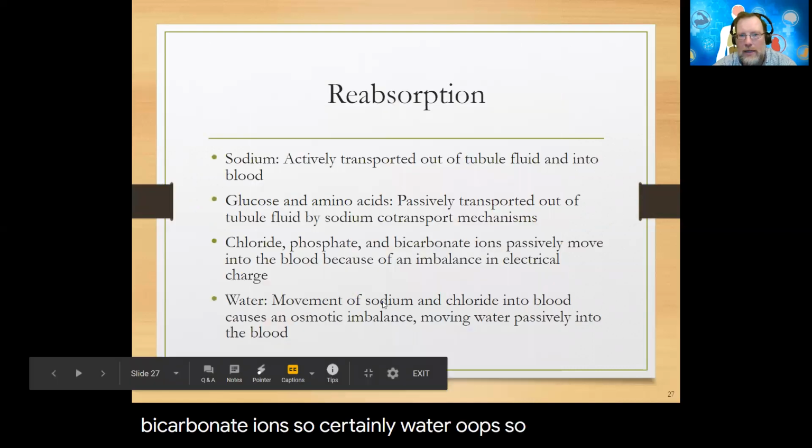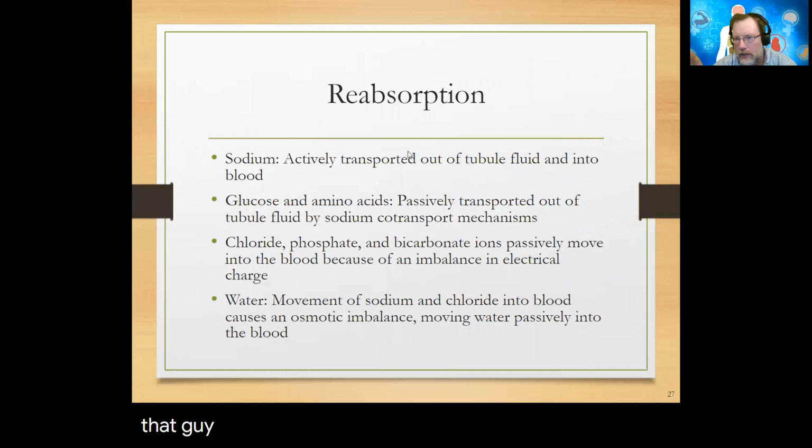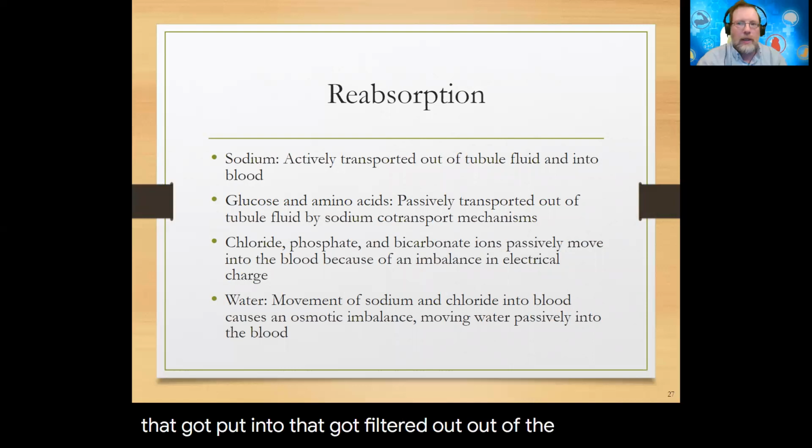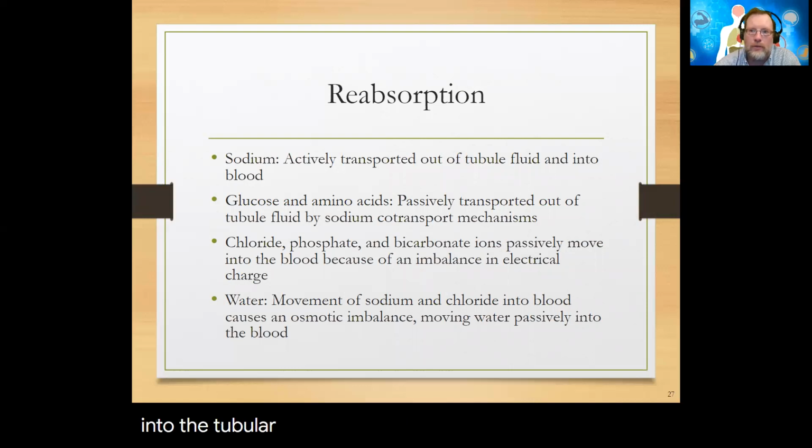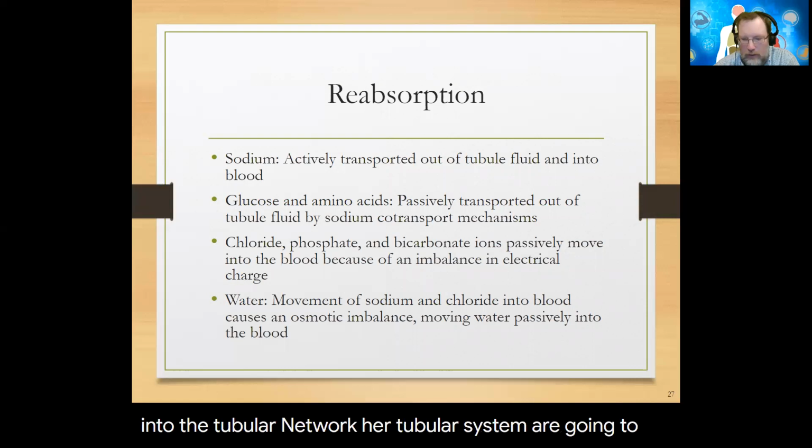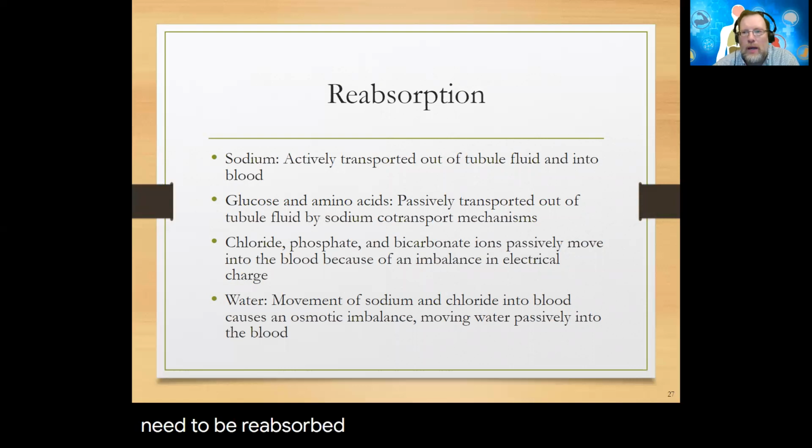So a lot of items that got filtered out of the blood and into the tubular network or tubular system are going to need to be reabsorbed. Okay, so how do we get sodium reabsorbed?